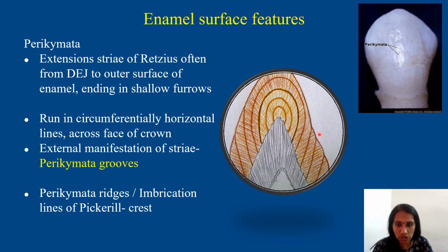So you have a ridge, a groove, a ridge, a groove. The ridge is the perikymata ridge, or imbrication lines of Pickerill. And the groove is your perikymata groove, which is the external manifestation of the striae of Retzius, appearing as a depressed area on the surface of enamel.